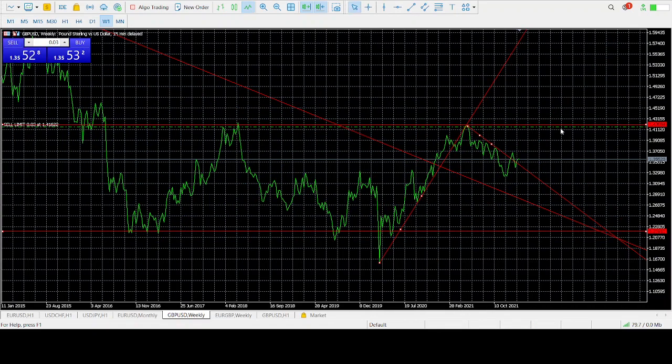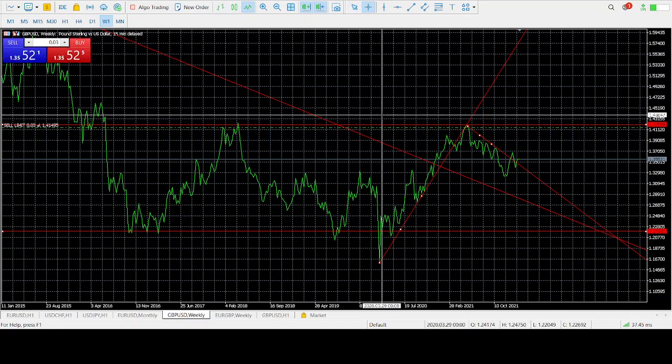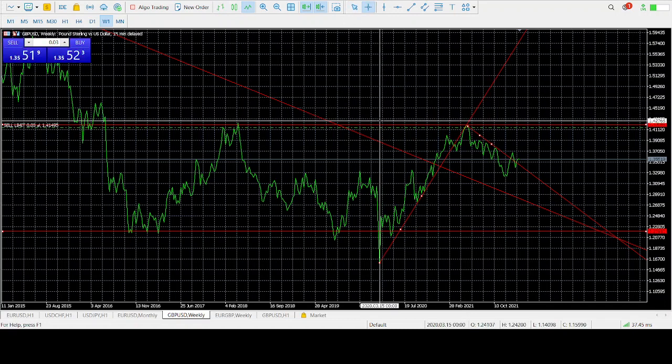So for this trade, okay, we'll set up the stop loss and take profit levels. Stop loss should be a few pips just above the line. So we're gonna put stop loss somewhere around here, just above this stop.